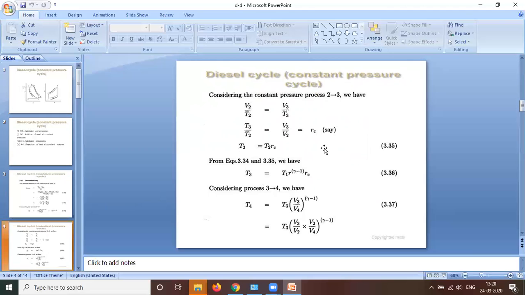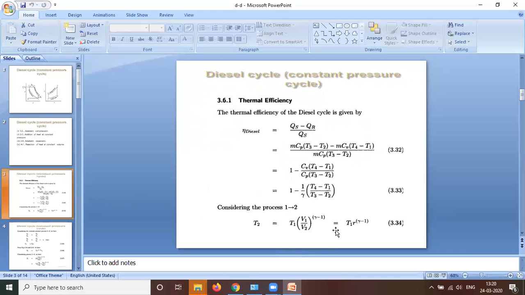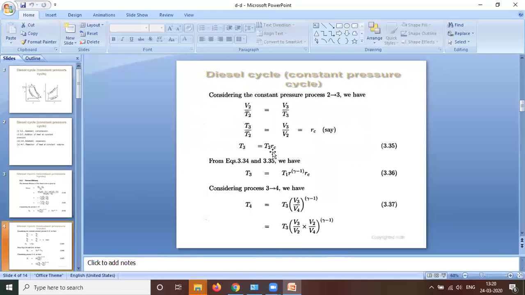Then from equations 3.34 and 3.35, we get T3 equal to T1 r^(gamma minus 1) times rc. Putting in the values, we get the answer.